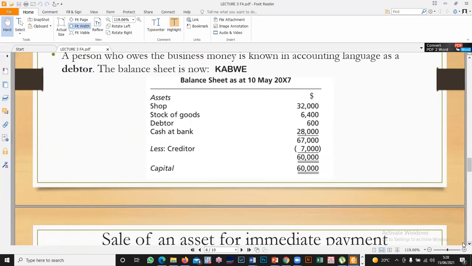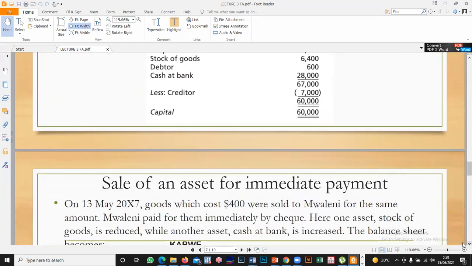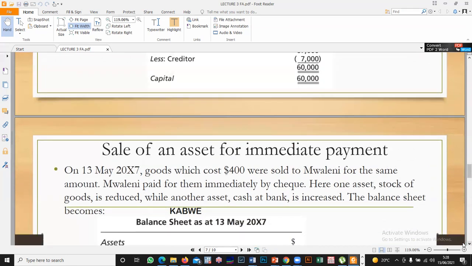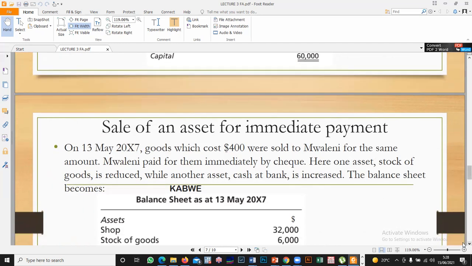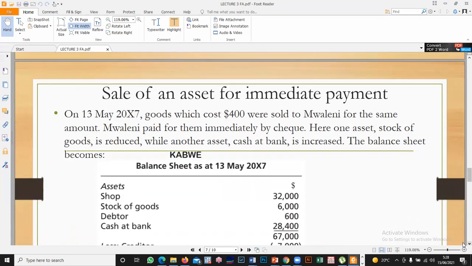Now let's look at how a sale of assets with immediate payment is shown. This person comes and says, I want to buy goods from your company.